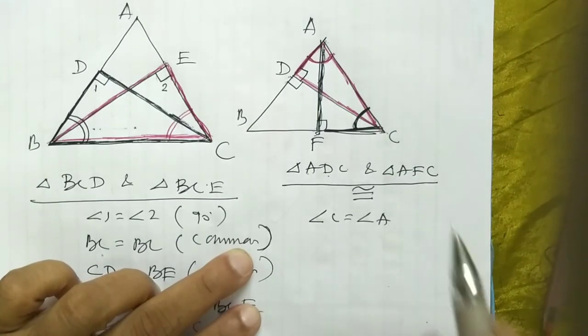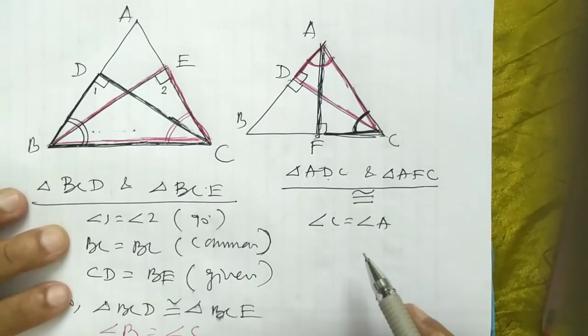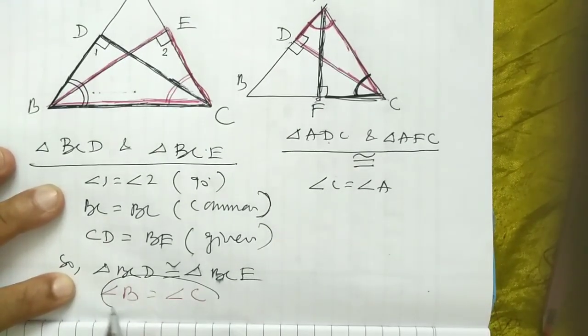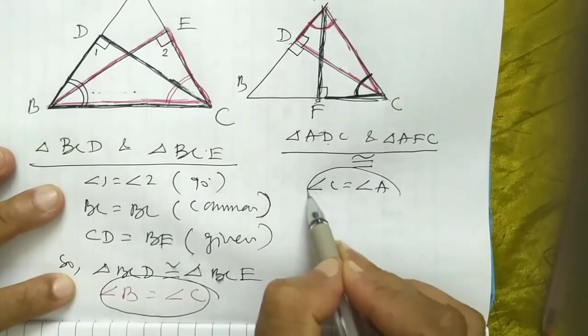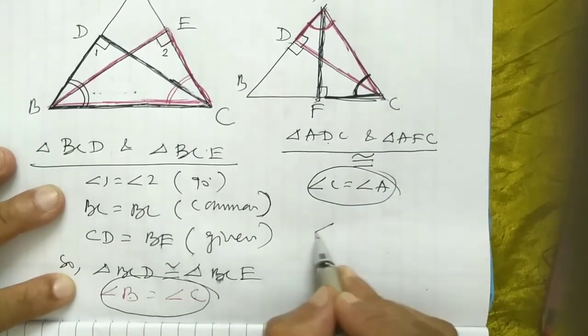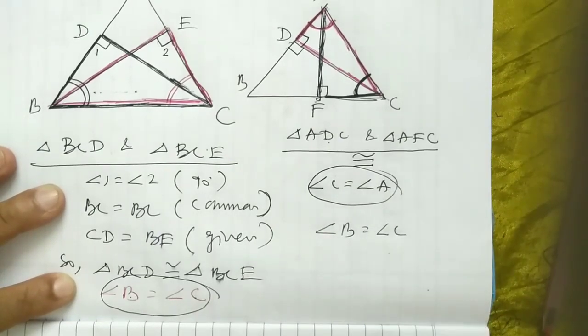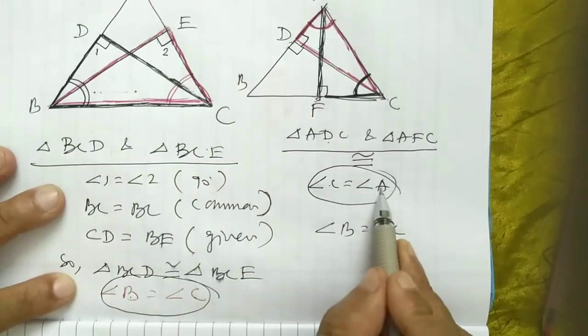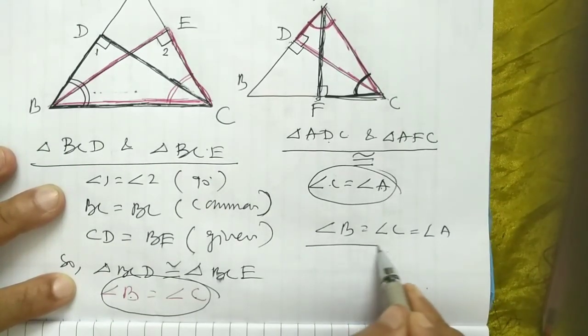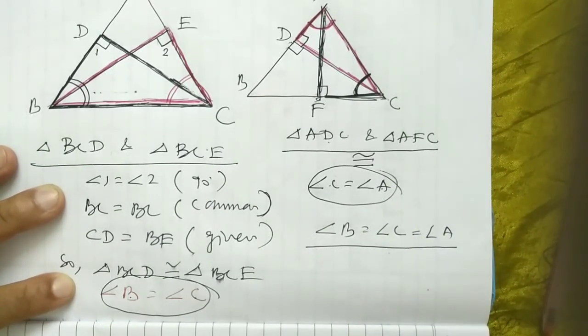After that, we got here angle B equal to angle C, and here we got angle C equal to angle A. So what do we get? Angle B equal to angle C, and angle C equal to angle A. That means all the three angles are equal.